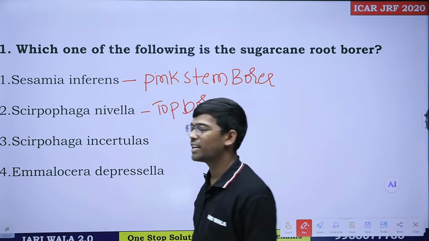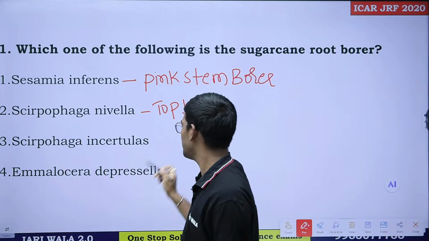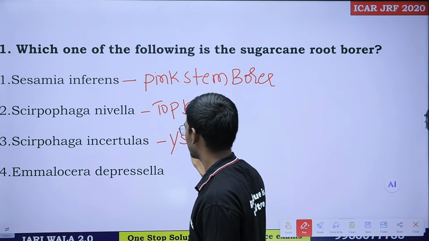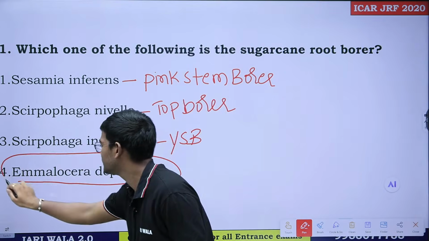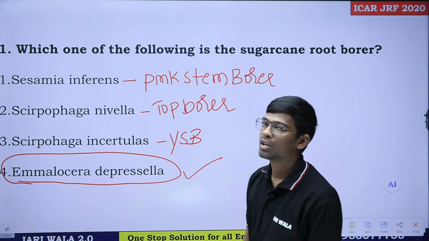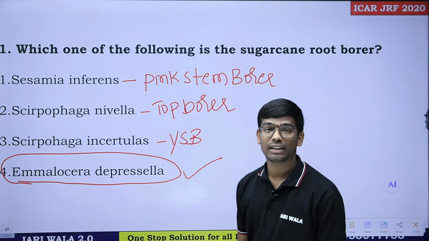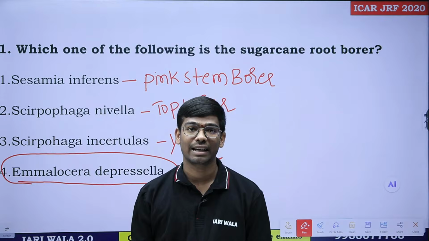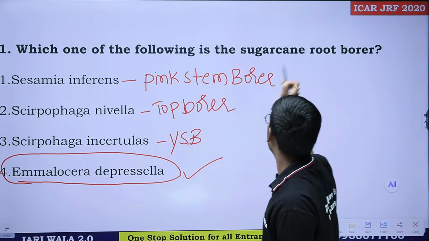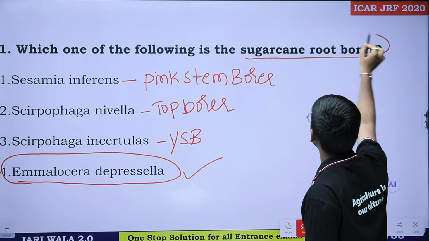Then Scirpophaga incertulus is yellow stem borer, YSB. Then Emalocera depressella is our answer. So mainly this pest tunnels the root parts and reduces the sugarcane vigor and its yield also. So here we have to see the question properly, that is, sugarcane root borer.